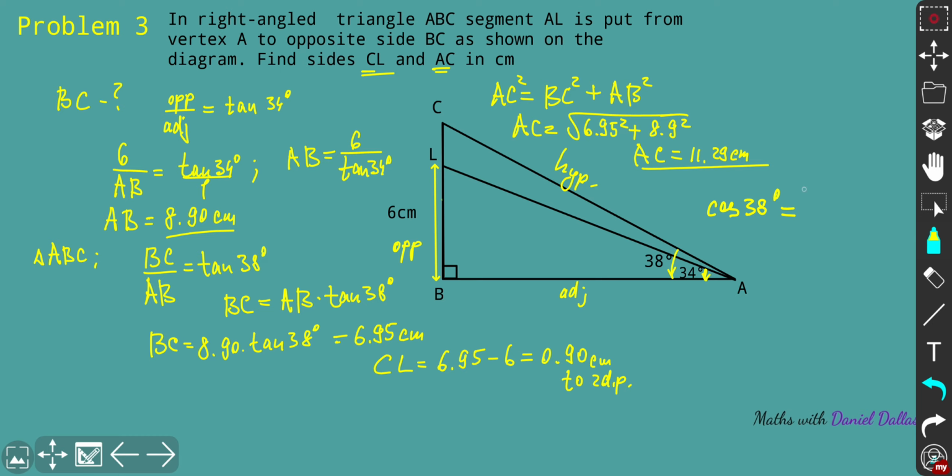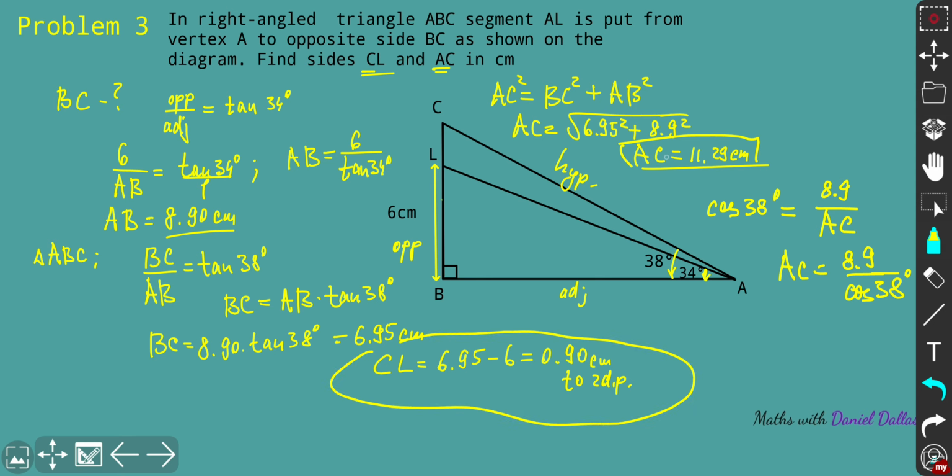Your adjacent side is AB, so you know that it's 8.9 over AC, which is the hypotenuse in this case. And you can express AC as 8.9 over cos 38. If you want, you can check and you will get the same answer, I'm pretty sure. So that's CL, that's AC.